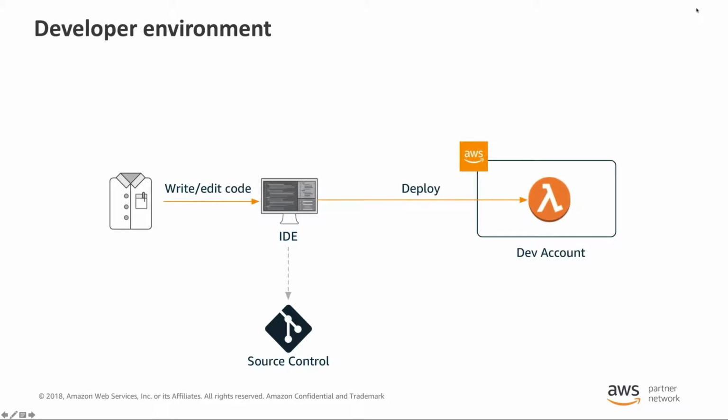Now, one of the areas where things do start to change a little bit is in having test accounts and the ability to deploy your application into an environment where you can test it and see how it plays in a production-like environment. We'll talk a little more about this in a few minutes, but this is one of the areas where things do change in terms of how we manage this from a serverless perspective.